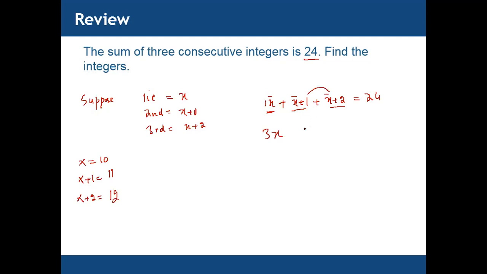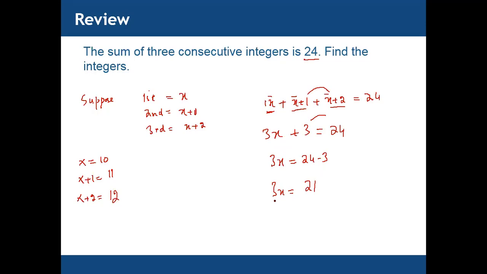Then we have 1 plus 2, which equals 3, equal to 24. To find the value of x, transfer 3 to the other side. We have 3x equal to 24 minus 3. Plus 3 becomes minus 3. So 3x equals 21, since 24 minus 3 equals 21.